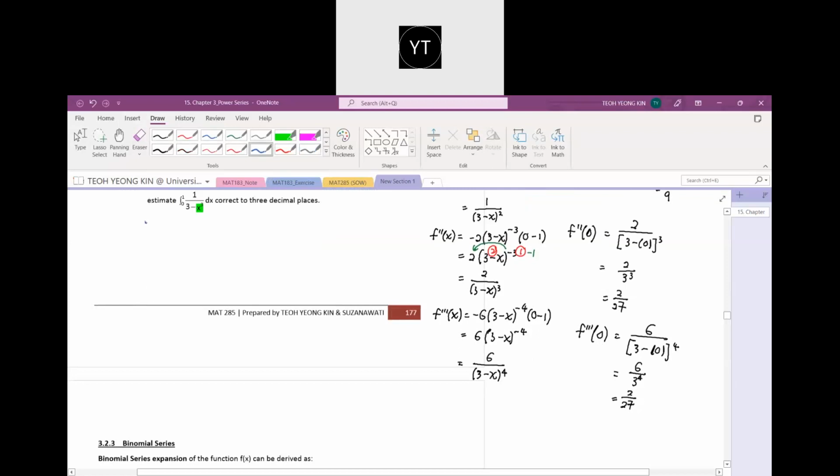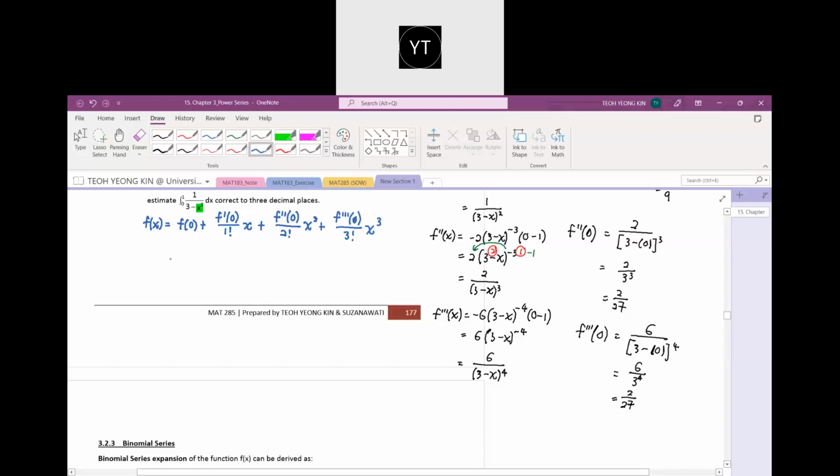So f(x) is equal to f(0) plus f'(0) over 1 factorial x plus f''(0) over 2 factorial x squared plus f'''(0) over 3 factorial times x cubed.